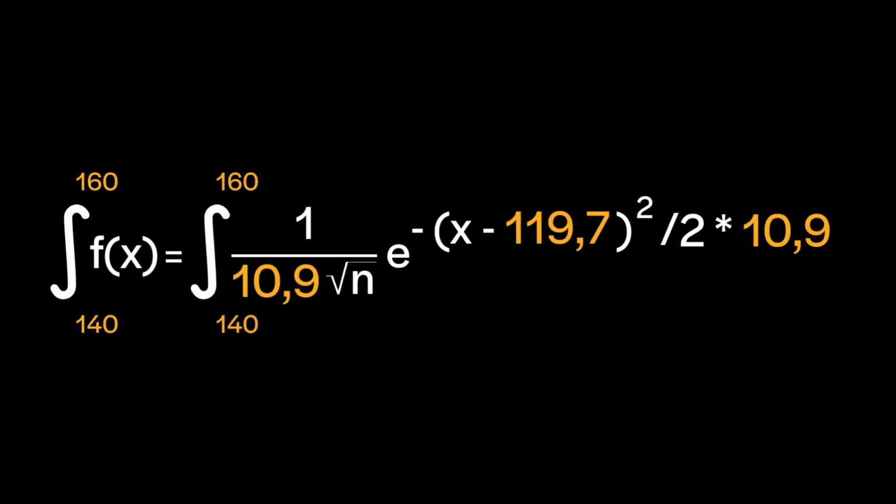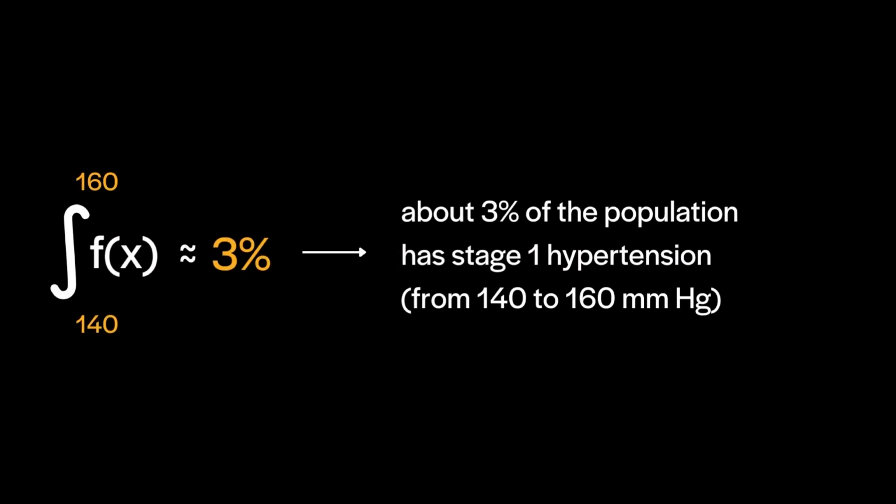We can calculate the proportion of the population having stage 1 hypertension by evaluating the probability integral of the function from 140 to 160. As a result, about 3% of the population has stage 1 hypertension.